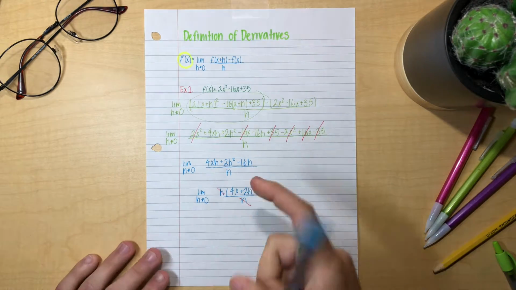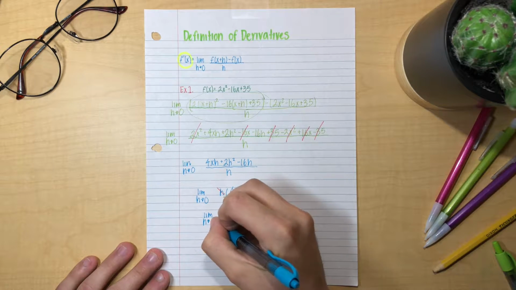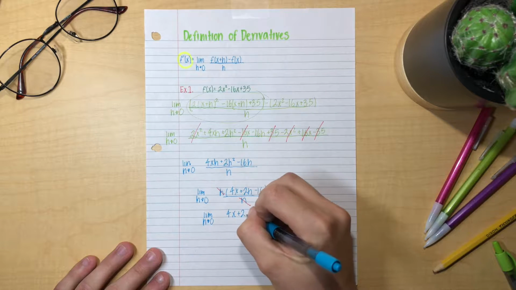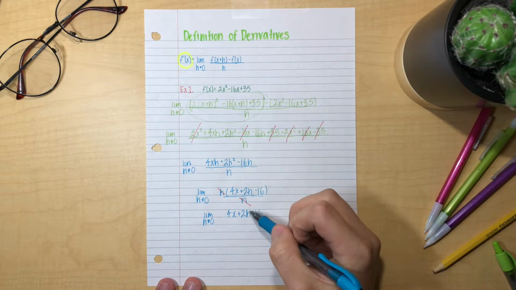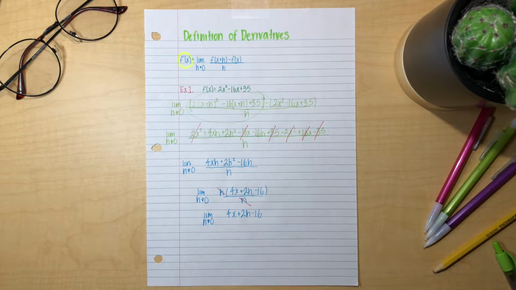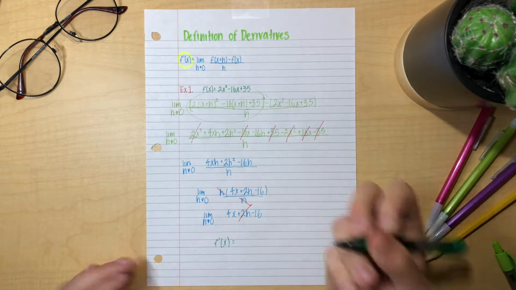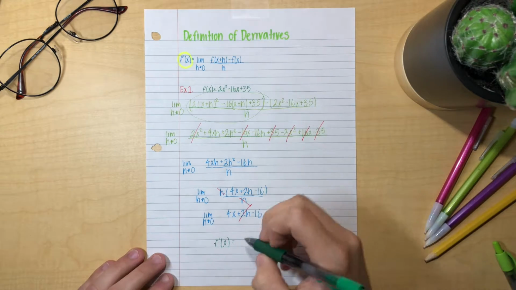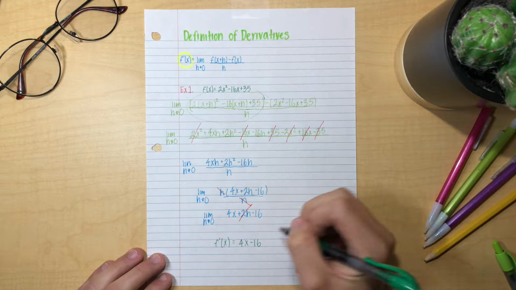So lastly, we are going to substitute 0 for h. So what we're left with is 4x plus 2h minus 16, so we plug 0 into h, which just gets canceled out. So we're left with f prime of x, which is your derivative because you performed the whole task of the definition of derivatives, and you're left with 4x minus 16.